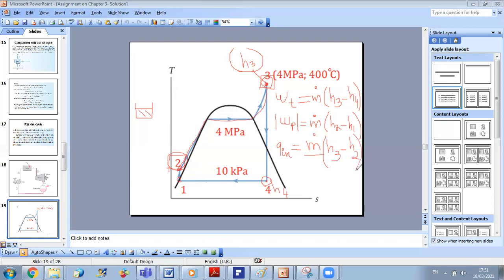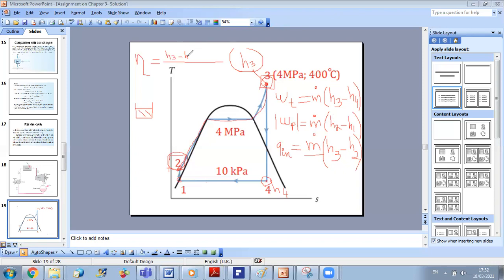So as you can see here, if I replace in the equation of efficiency, I will get the following. M dot will be simplified because I have it in all terms. I can simplify it because I will have it in the upper and lower terms. Then the efficiency will be W turbine, which is H3 minus H4, minus the absolute value of WP, so minus H2 plus H1.